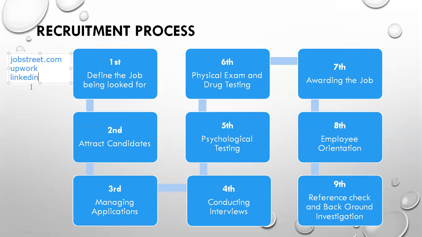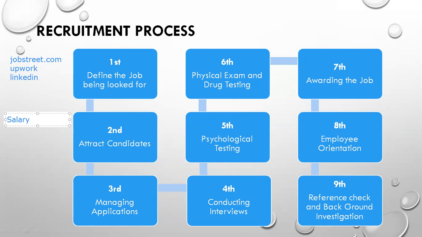How do we attract candidates? As a recruiter, one of the things that attracts candidates is, of course, the salary. Sometimes recruiters post the salary in the job description on JobStreet and the like.